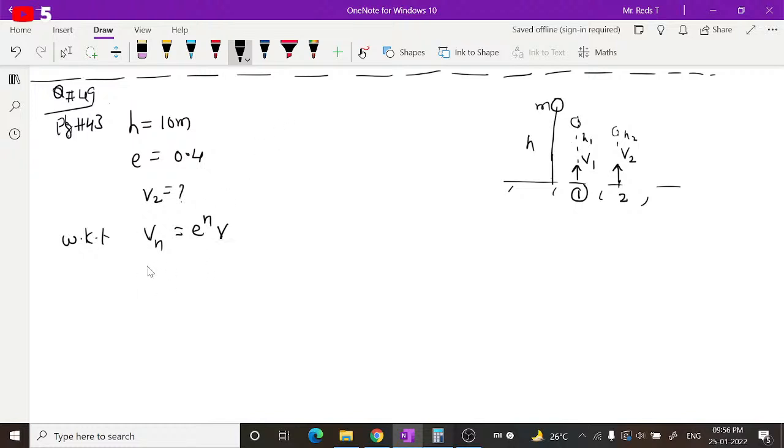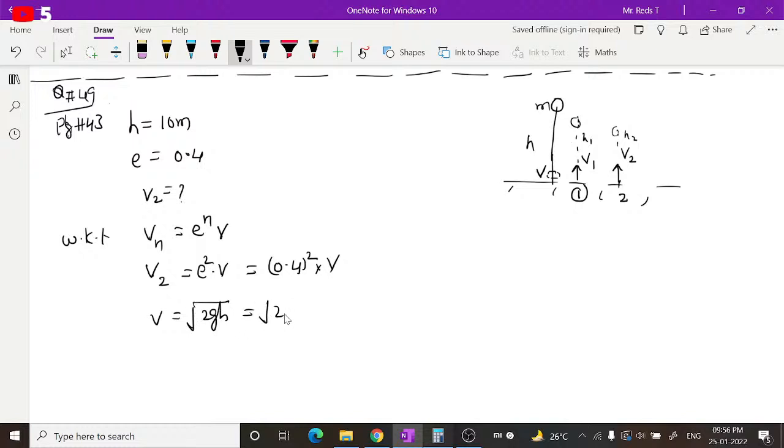So after the second collision, v2 is equal to e squared into v. Here e is 0.4, squared, into v. What is v? Here v is the velocity obtained before it strikes the ground. This is the velocity obtained when coming from the height h, where v is equal to the square root of 2gh.